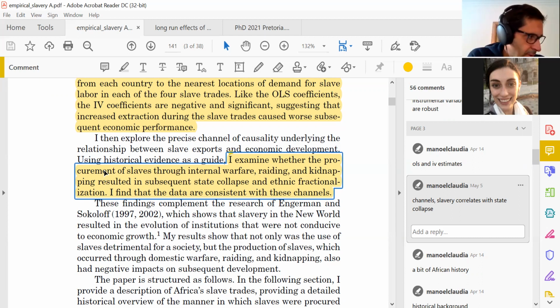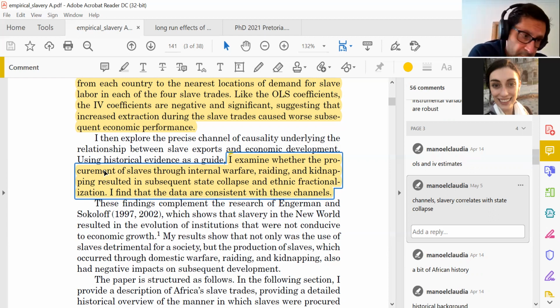You run your regressions and then you give your regressions a doable, credible story based on economic theory, right? And things that he mentions there, that areas which exported more slaves, and the procurement of slaves was via internal warfare, raiding and kidnapping of people.